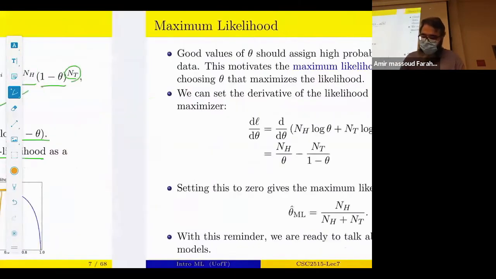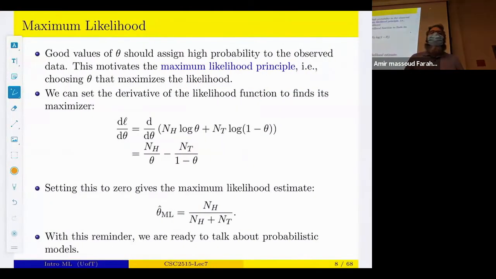The idea of maximum likelihood is that a good value of theta should assign high probability to the observed data. This motivates the maximum likelihood principle. We're choosing theta that maximizes it. What we can do, of course, is take the derivative of the likelihood function and set it equal to 0.